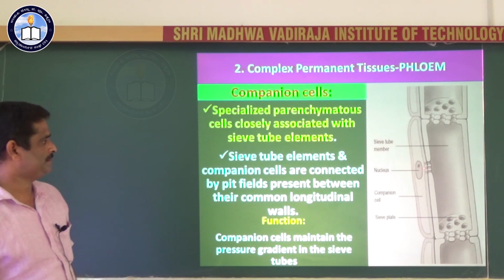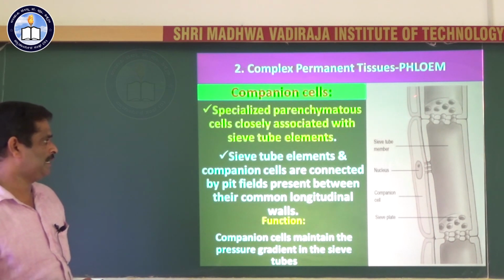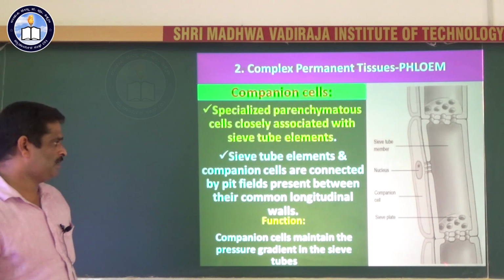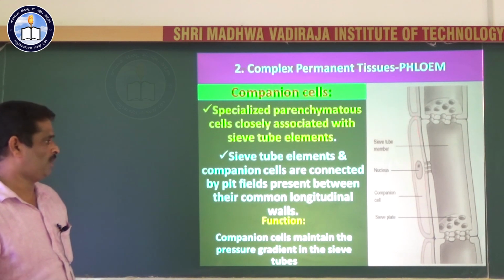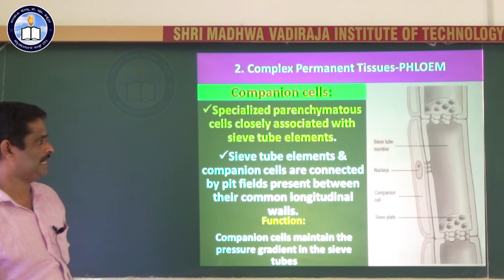The sieve tube elements are connected to the companion cells by pit fields present between the common longitudinal walls, through which plasmodesmatal connections exist between the companion cells and the sieve tubes.